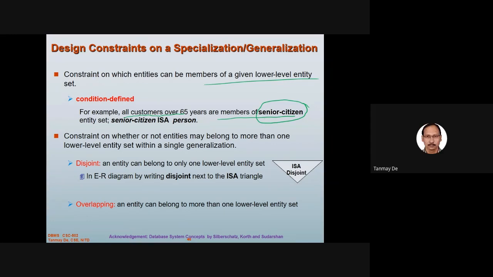Now in this example, it is not there. But suppose there is a category, the senior citizen. If the customer is a senior citizen, and if another lower level entity set like senior citizen is there, then which person will fall in the senior citizen category?